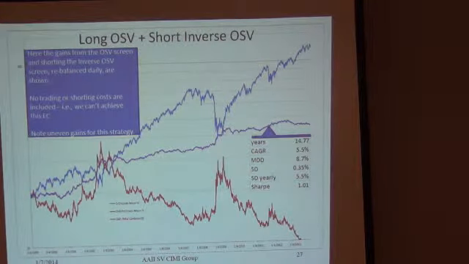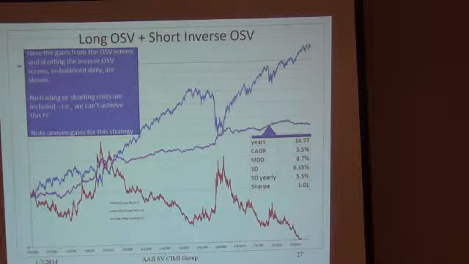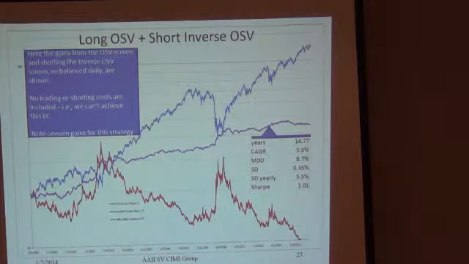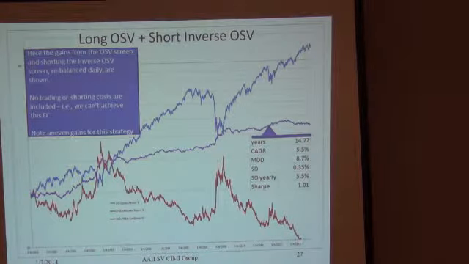Just for the heck of it, what I did was take the long OSV. One of the classic things you'll see in academic papers is to take the good screen and go long, and go short a bad screen. Here's the normal OSV screen in blue. This red line is the inverse OSV screen, and I'm shorting that.